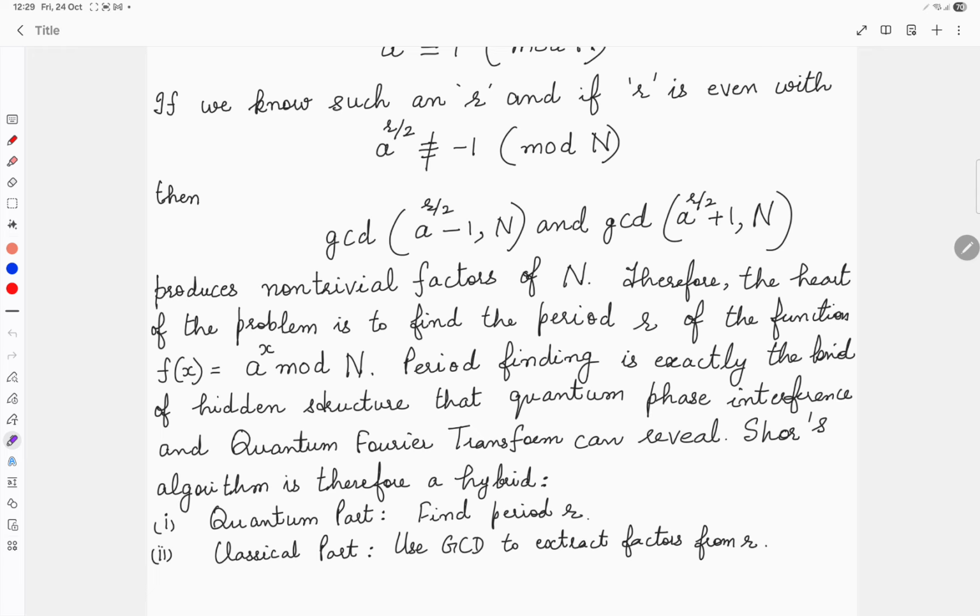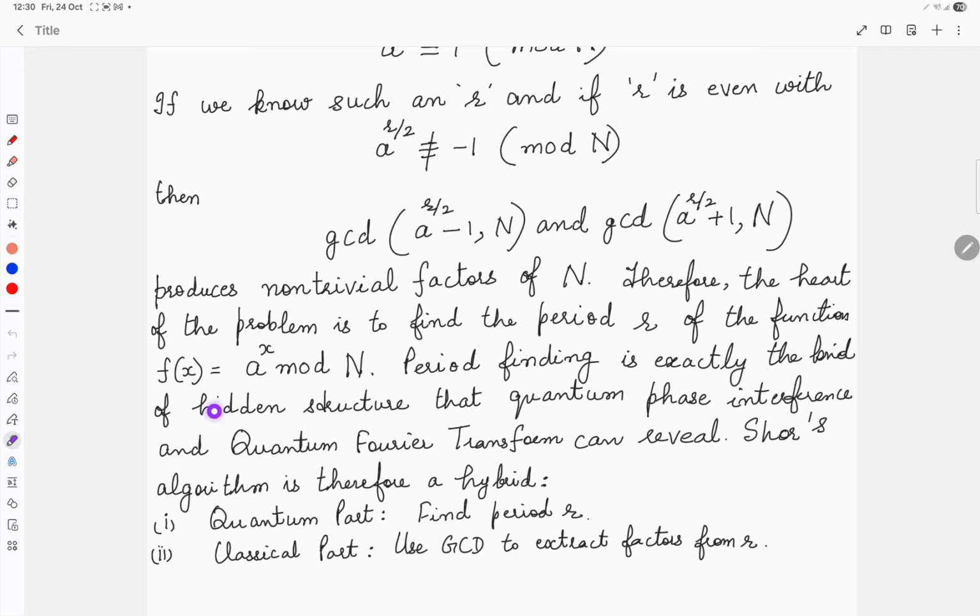So this is the heart of the problem from which Shor's algorithm gets the exponential speed up, the quantum speed up: we are able to find period r in a quantum way. Period finding is exactly the kind of hidden structure that quantum phase interference and quantum Fourier transform can reveal. Now period r is the period of the function f(x) equal to a to the power x mod N.